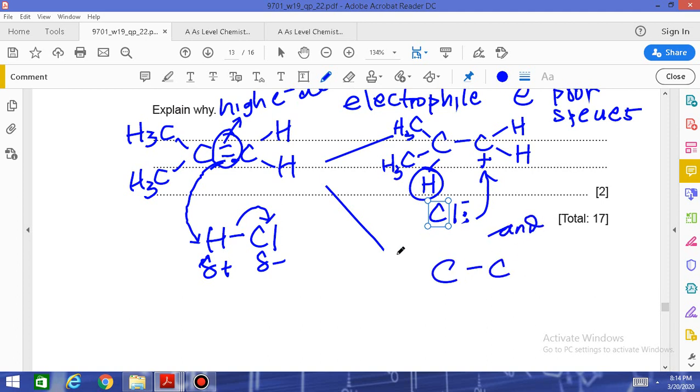The other product formed is this one: the hydrogen atom is attached to the carbon atom on the left, and now hydrogen is attached to the carbon atom on the right side.